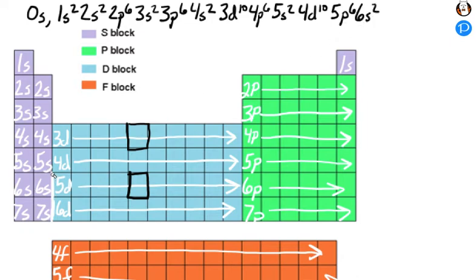Now remember, once we get right here, this is where that 4f row is going to be. So in between 6s and 5d is my 4f row. Now there's going to be 14 electrons that can fit in there. So it's going to be 4f14.